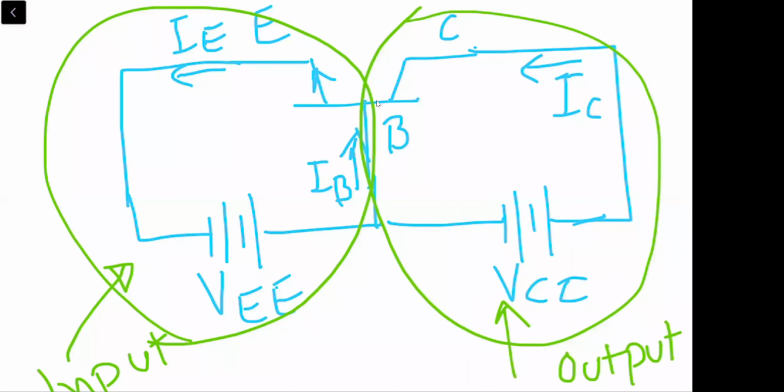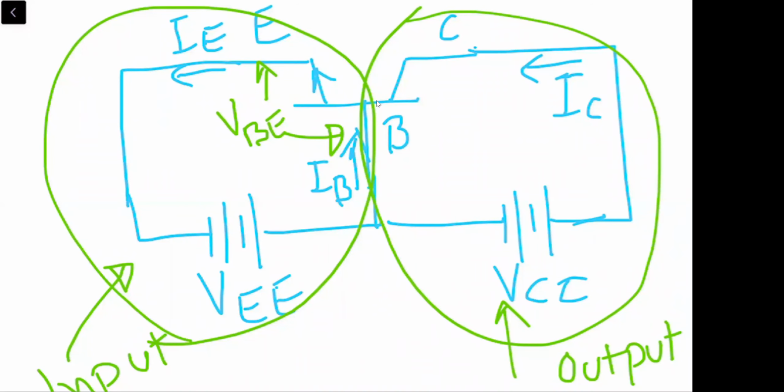The input current flowing here is IE, and the input voltage between the emitter-base junction is VBE, which is between the base and the emitter of the transistor.